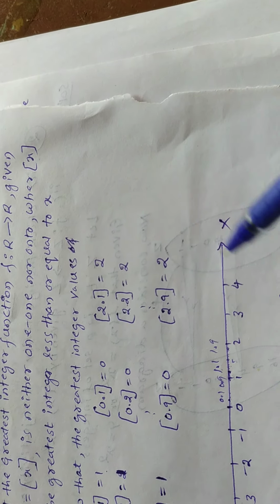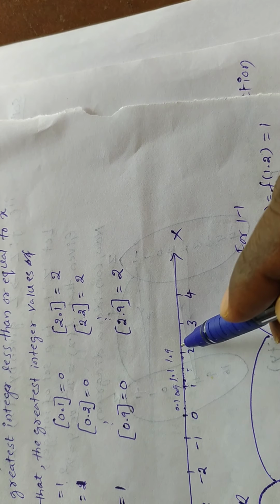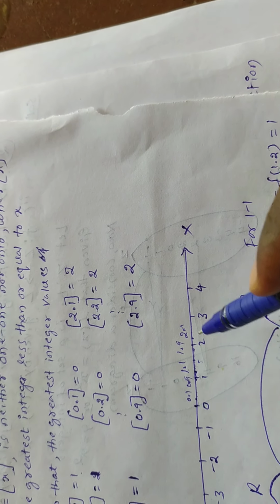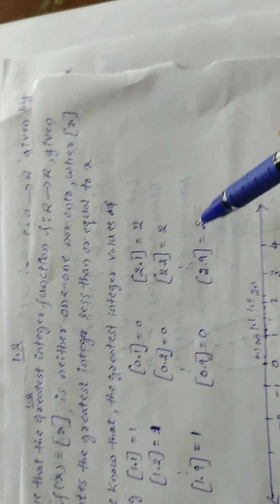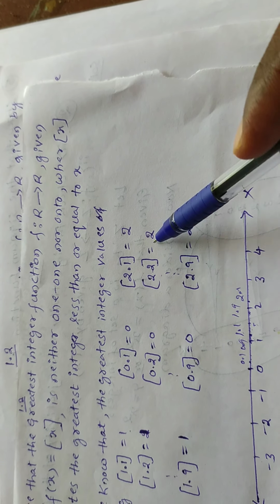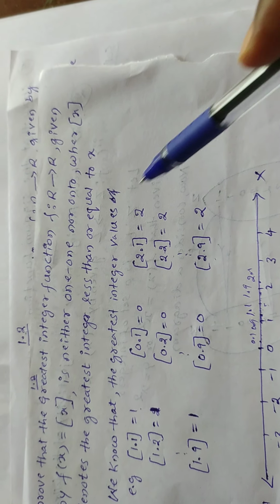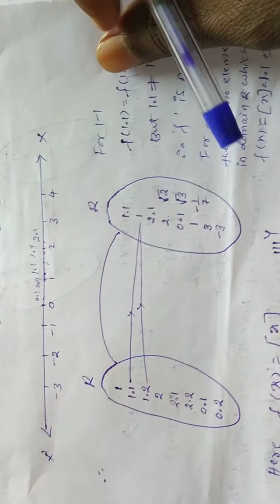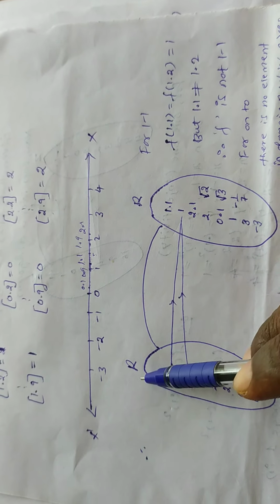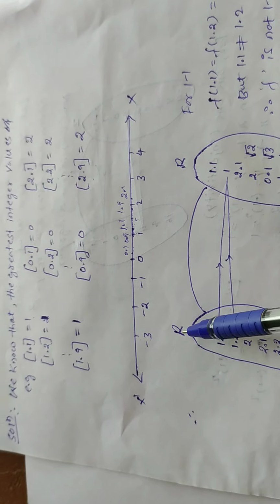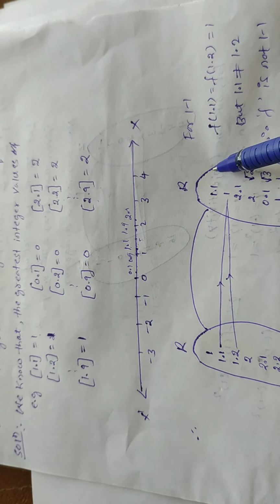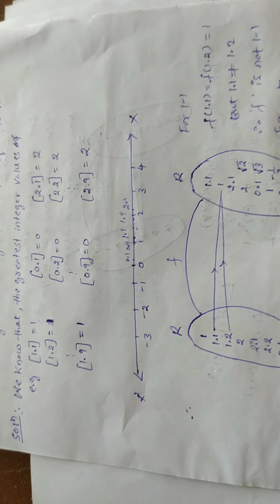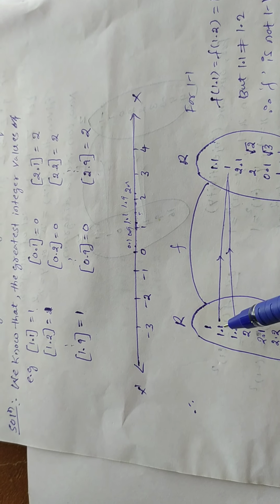Similarly, you take 2.1. Left of 2.1, the greatest integer is 2, up to 2.9. This is the greatest integer function. This is very important. Since it is a real number set, that is domain and codomain, what happens here?